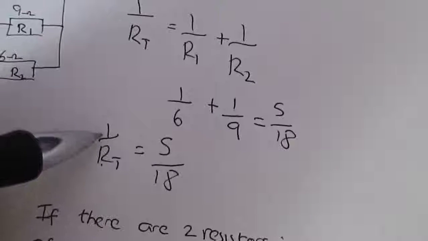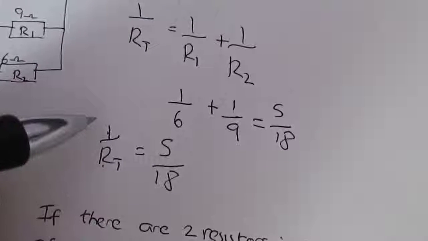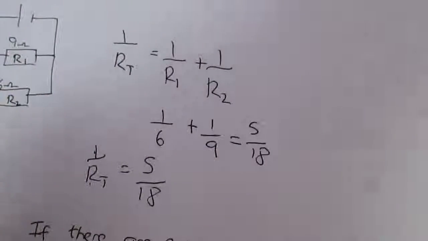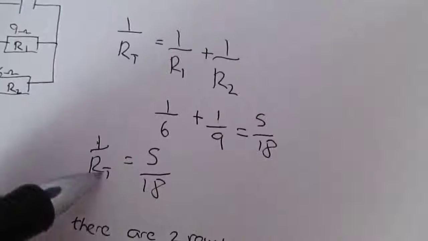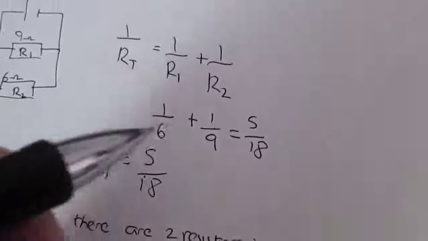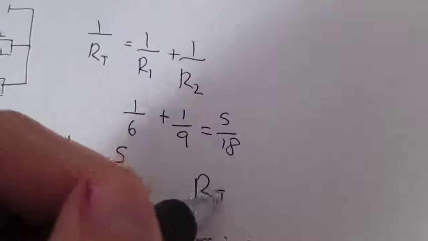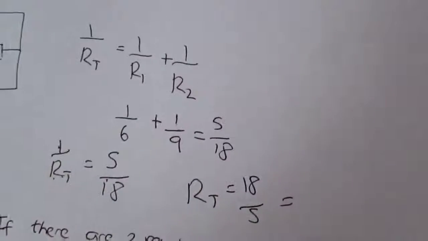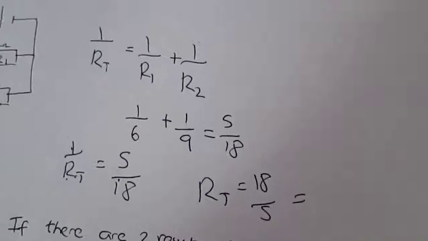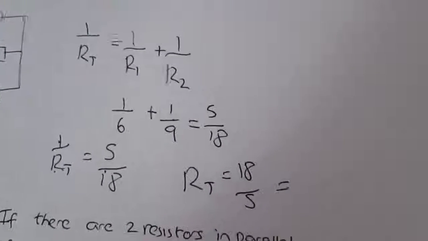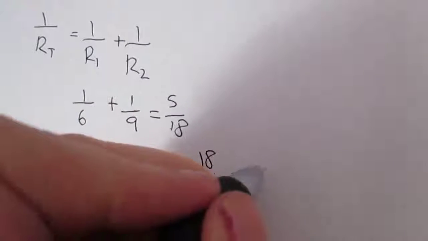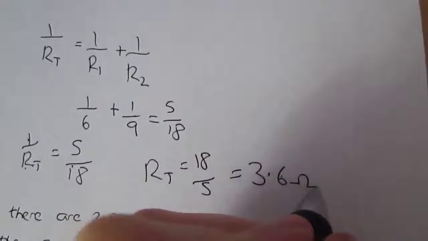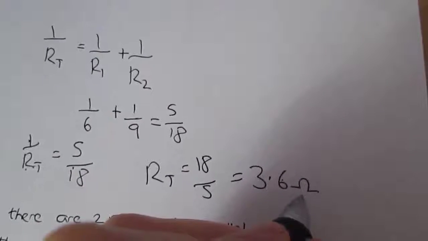So to get rid of that 1 over, we obviously have to do 1 over here as well. Whenever we do that, we're just flipping it. So to get RT, we just flip this. So RT equals 18 over 5, which is equal to 3.6 ohms. So that's your unit for resistance.